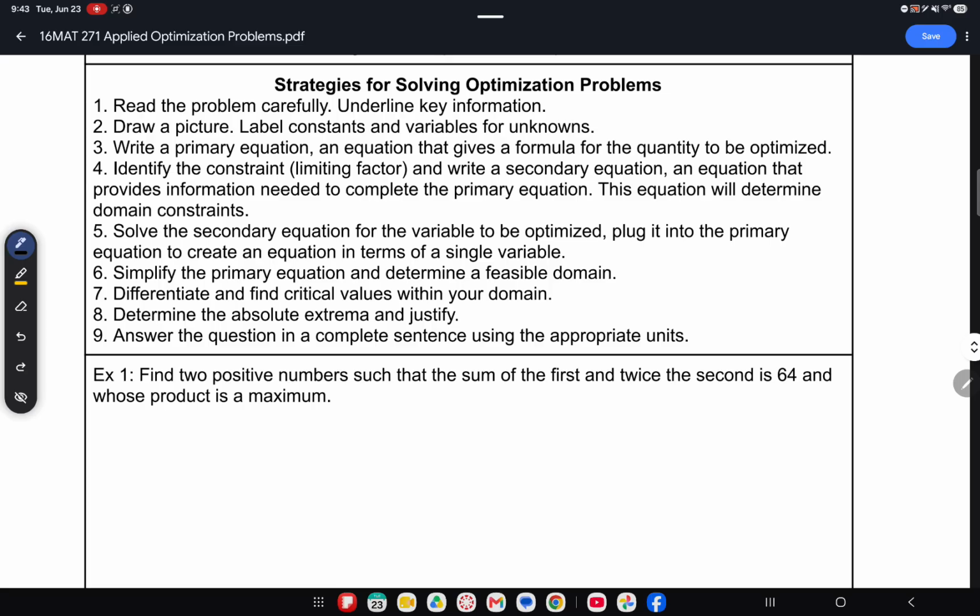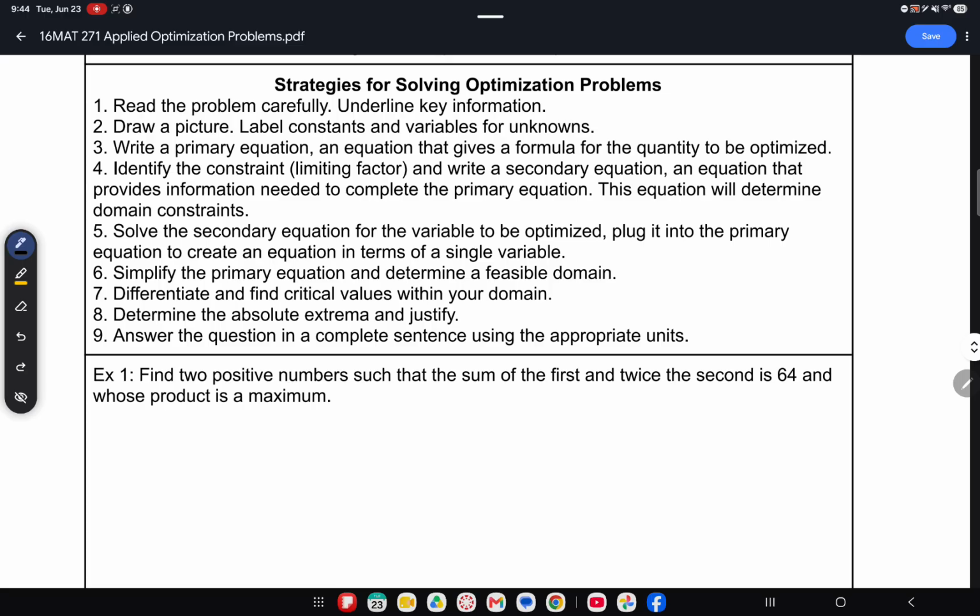And we might have to write a secondary equation that has more information for us to be able to optimize what we need. So there might be multiple variables involved. So we might have to solve one equation for a variable so that we can substitute it into the original, so that we're in a nice one variable equation that we can solve.